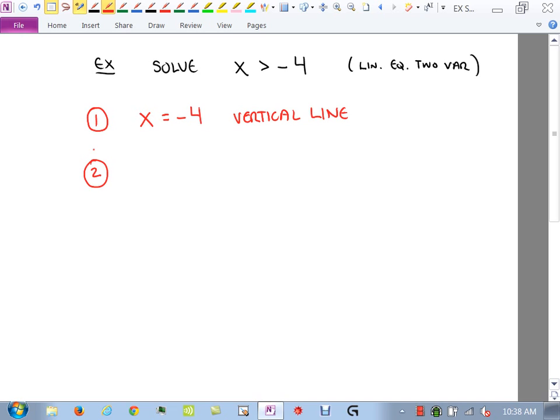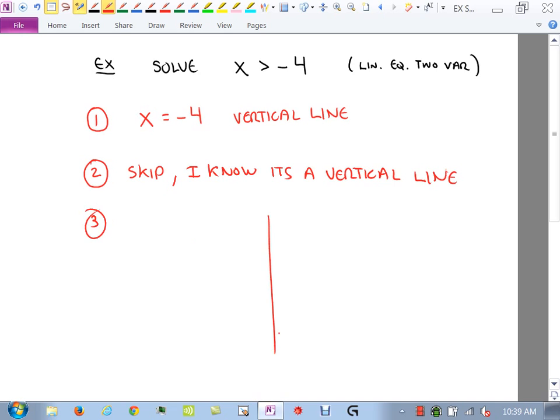But I already know what this looks like, right? It's a vertical line. The question is, is it solid or dotted? It's dotted. So I'm going to skip part 2, because I know it's a vertical line. So my step 3, when I draw it, I go to -4. I draw a vertical line here, and it's dotted.